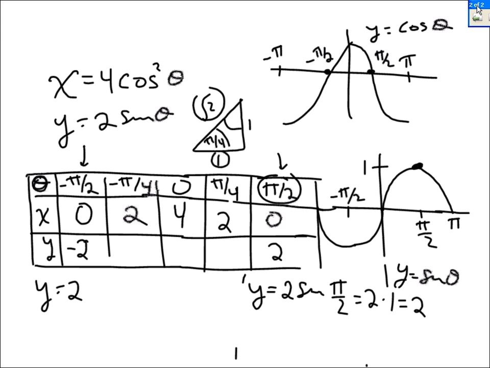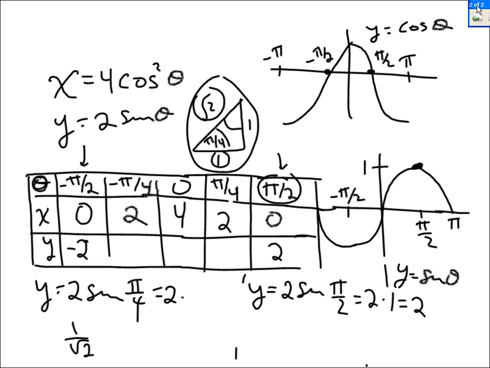Okay, let us try pi over 4. y is equal to 2 times the sine of pi over 4. But that gives us back the same triangle. At pi over 4, sine and cosine are equal. Sine of pi over 4 equals the cosine of pi over 4. So we get 2 times 1 over square root of 2, which I don't like having a square root in the bottom, so I multiply by 1.